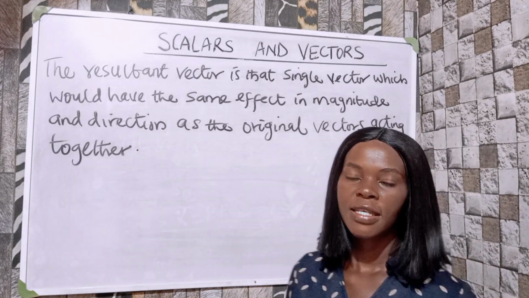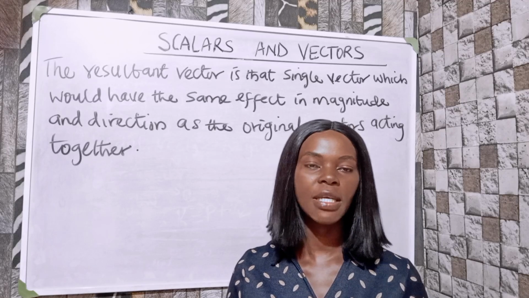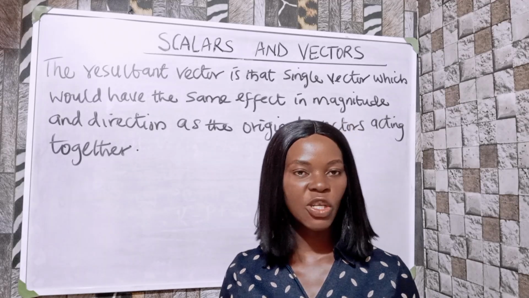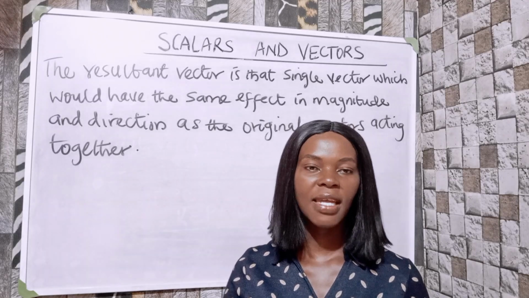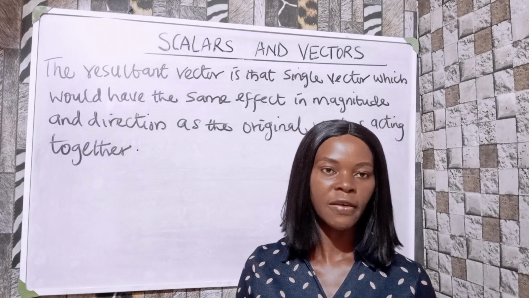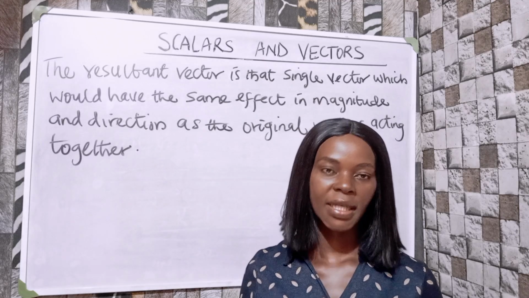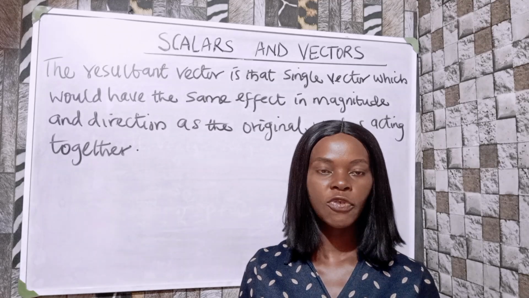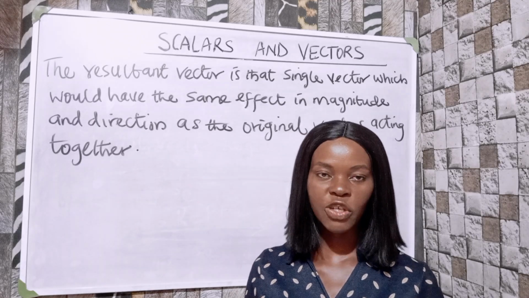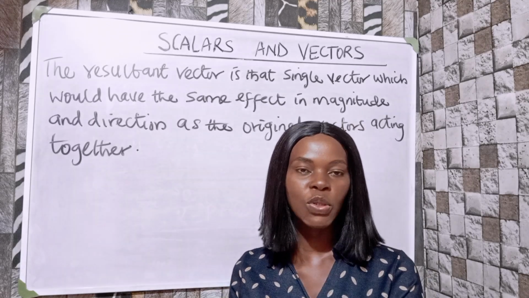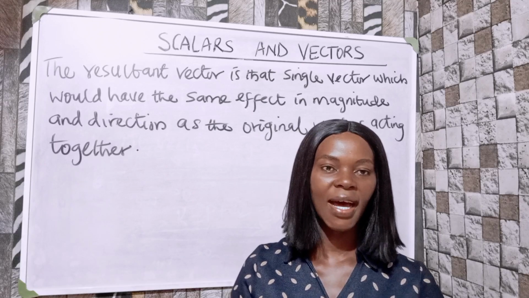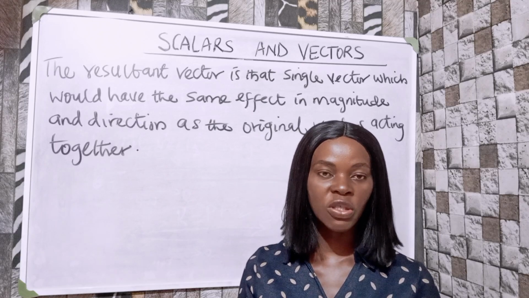It means that any resultant vector will have the same effect in both magnitude and direction, and it acts as a single vector. Remember that if two vectors are acting in the same direction, you add them together.